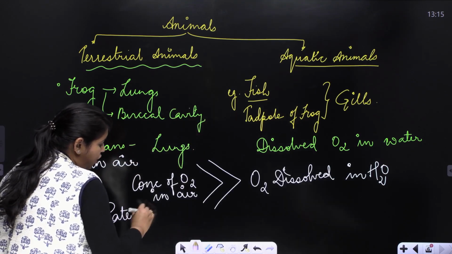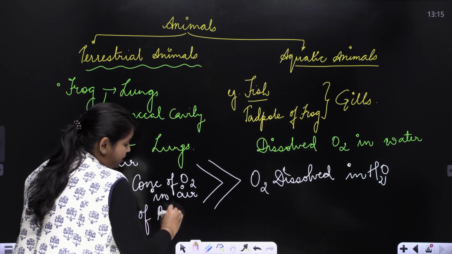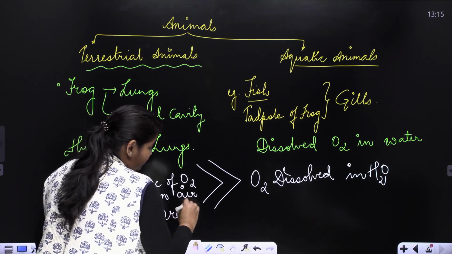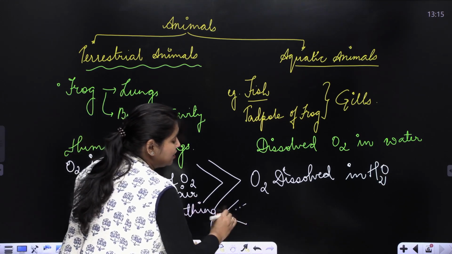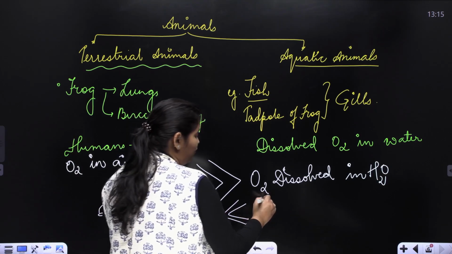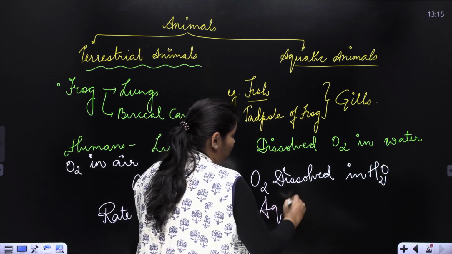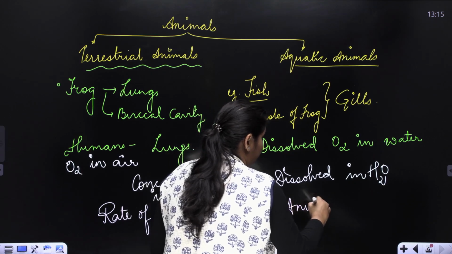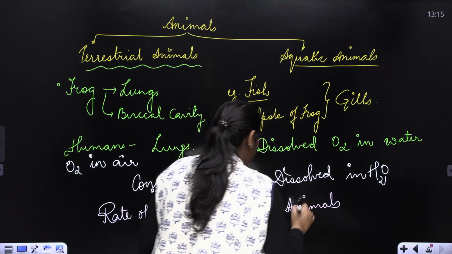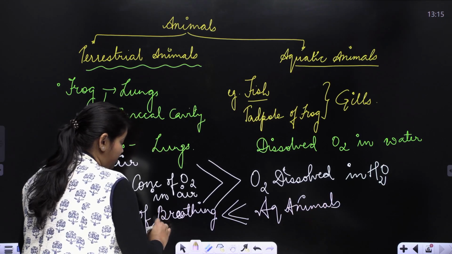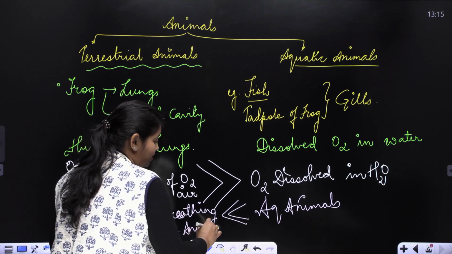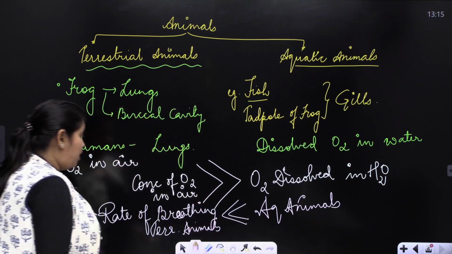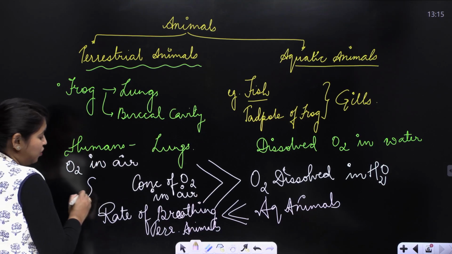As a result, again a very important point, the rate of breathing is faster in case of aquatic animals than the terrestrial animals. So again, a question of your importance.